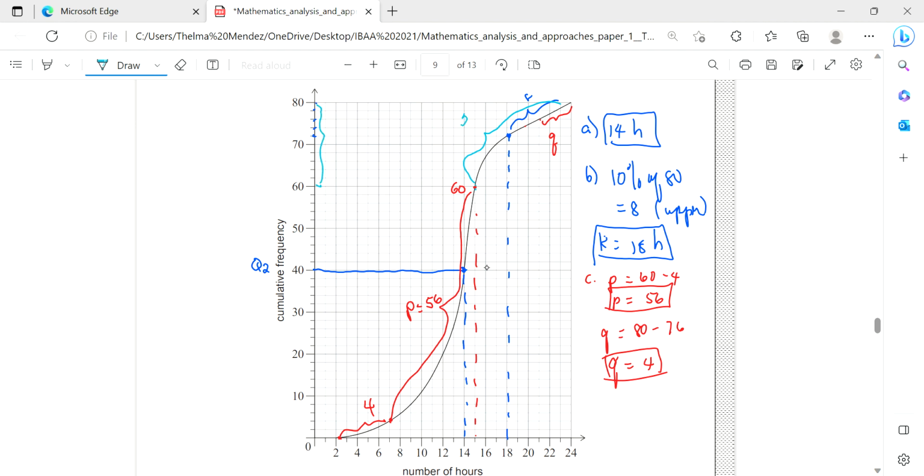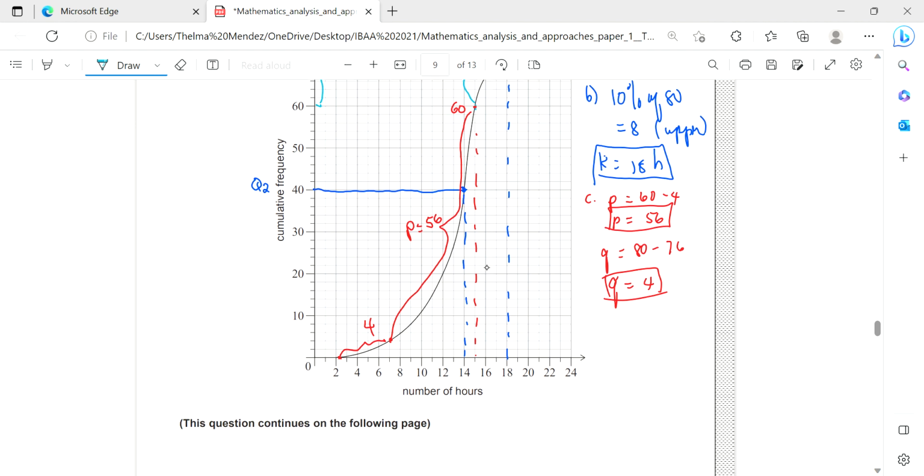So that means there are 20 students. 20 students out of 80 total are doing homework for more than 15 hours. If there are 320 students, how many are doing their homework more than 15 hours?